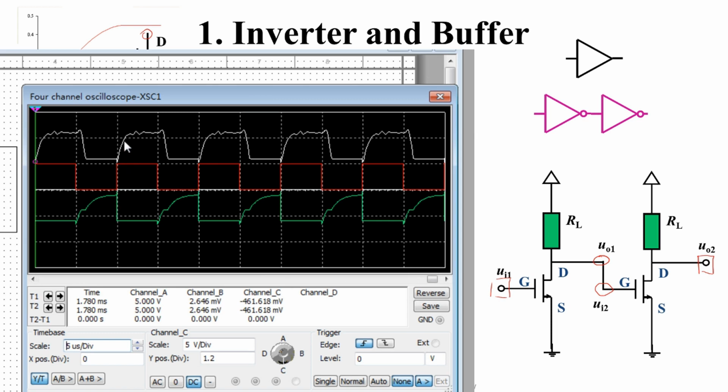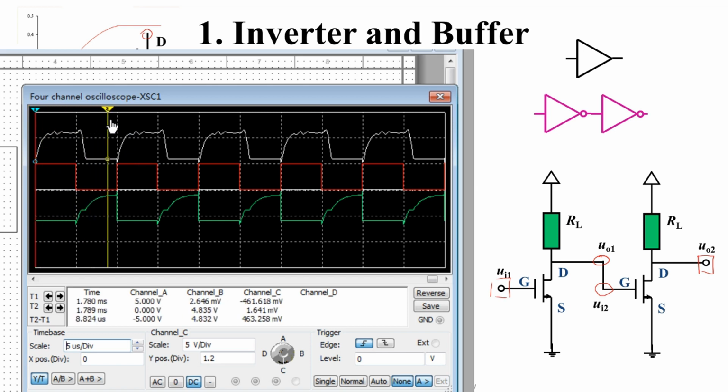When the input changes from low level to high level, the first stage output changes from high level to low level fast. But when the input changes from high level to low level, the first stage output changes to high level slowly after a period of time, which makes a transfer delay between the input and output of the buffer.